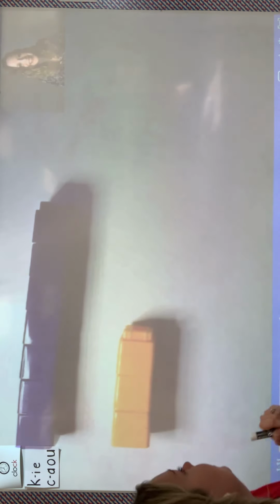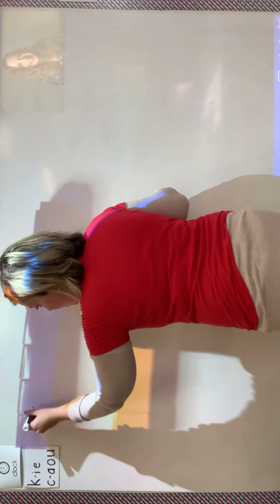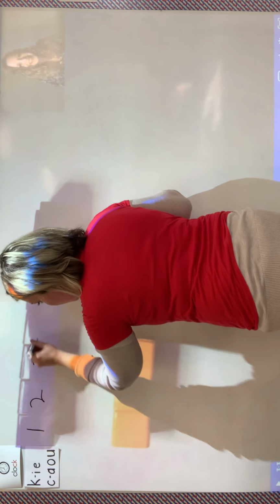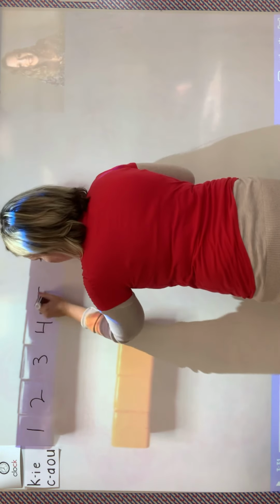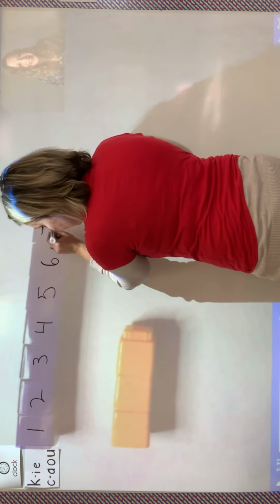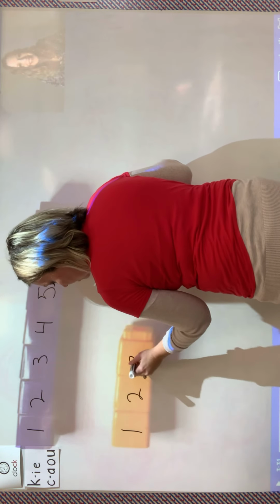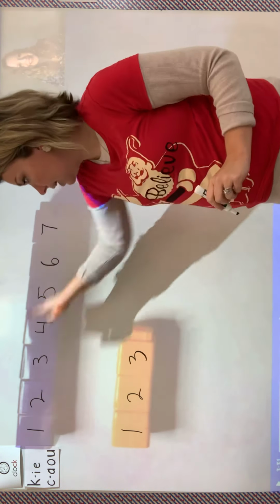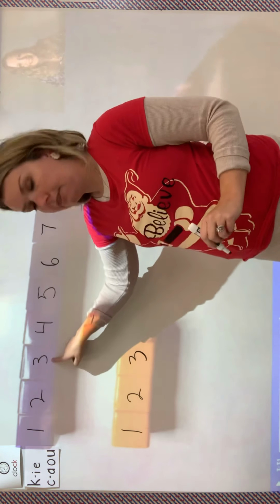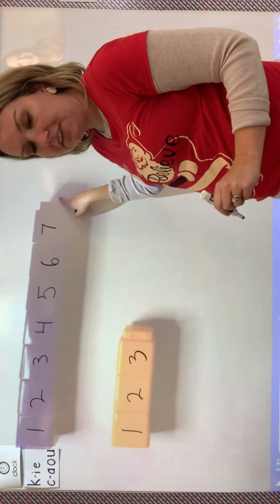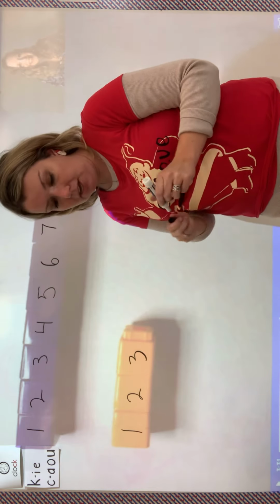Counting. You can count. If I wrote a number inside each one, 1, 2, 3, 4, 5, 6, 7, and I have 1, 2, 3, 7 is more than 3. Very good.